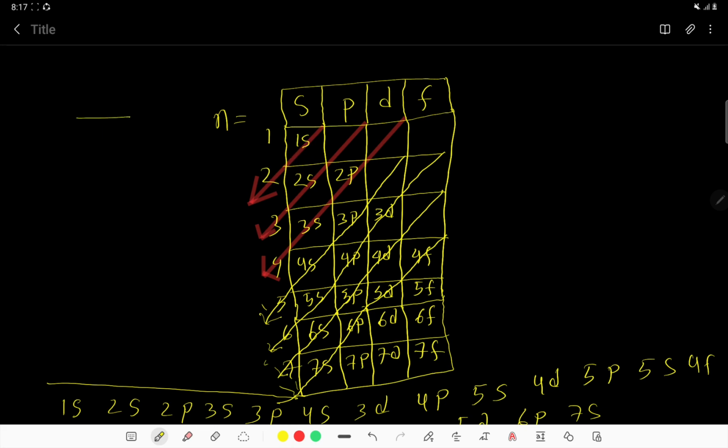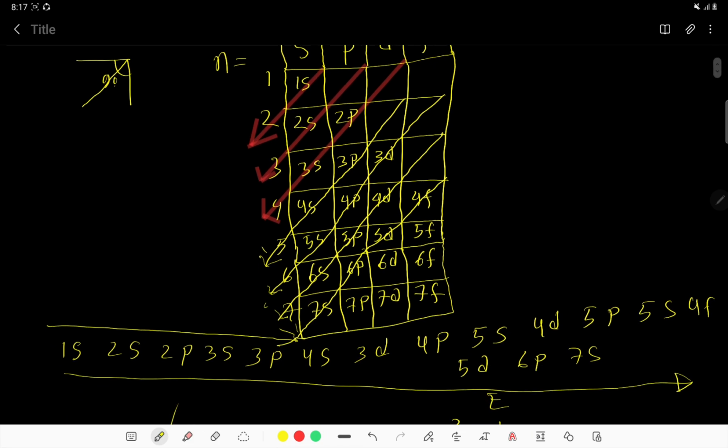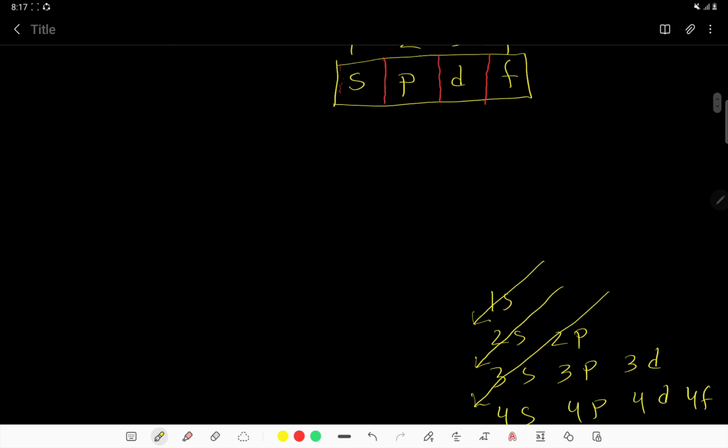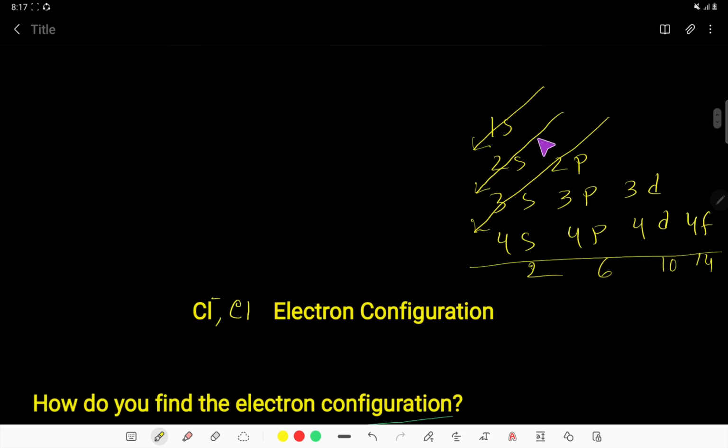This line and this line are perpendicular to each other, so this is 90 degrees. If you bisect this angle like this, this angle will be 45, this angle will be 45, right? So this is a trick actually. Sometimes when you write the electron configuration this way, we get confused in drawing this line.